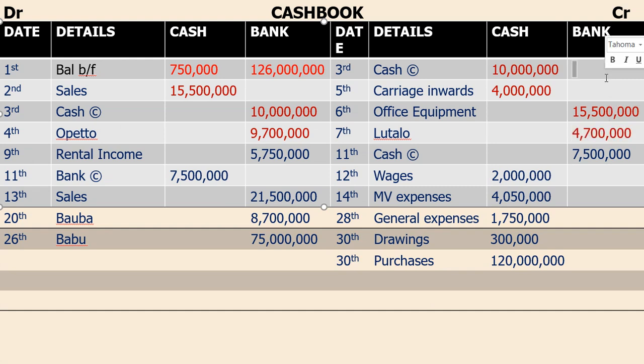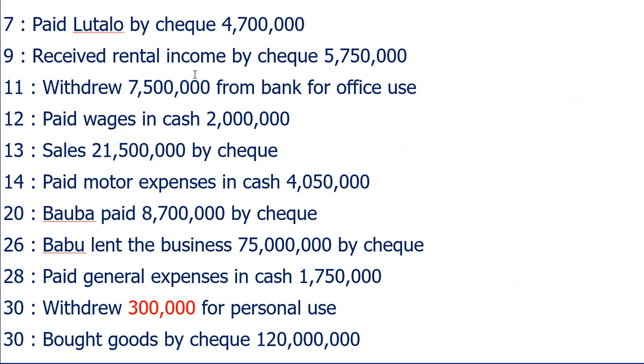We credit the bank column of the cash book. So the correct side is this one. If Rutaro was paying us, we would debit. So now we are crediting because we are paying off Rutaro by check.